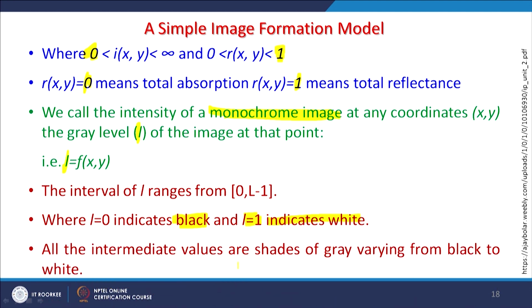All the intermediate values are shades of gray varying from black to white. So, two extremes, 0 and 1, and the remaining values in between, but since we talk in terms of integers, depending on the radiometric resolution or number of bits, L can go up to 255 and down to 0. The rest of the values vary in between. So, this is how the image is constructed.